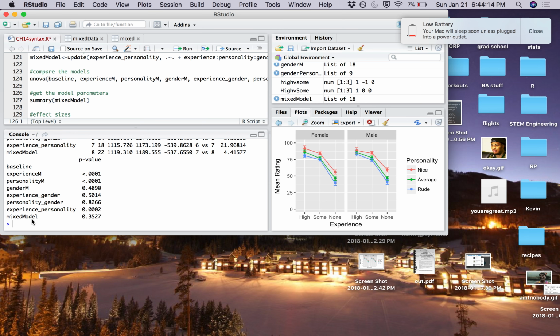And then finally, our mixed model is the experience by personality by gender. And this is not significant, meaning that the experience and personality interaction was not different in male and female participants.